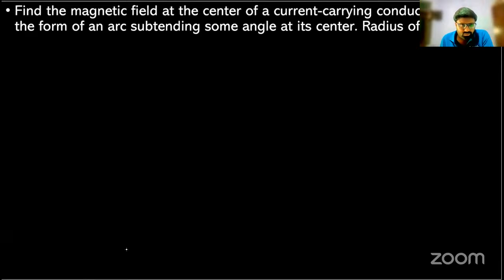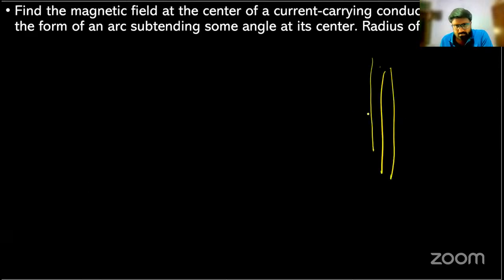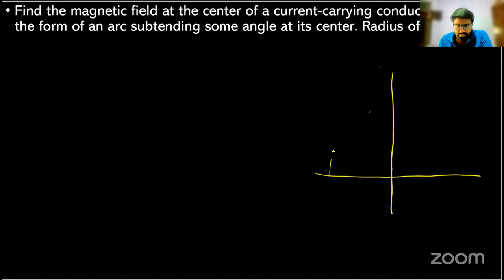So let's start to solve this question. Suppose we have an arc here. This is the arc. These are the two axes, and here we have the arc that we are talking about.